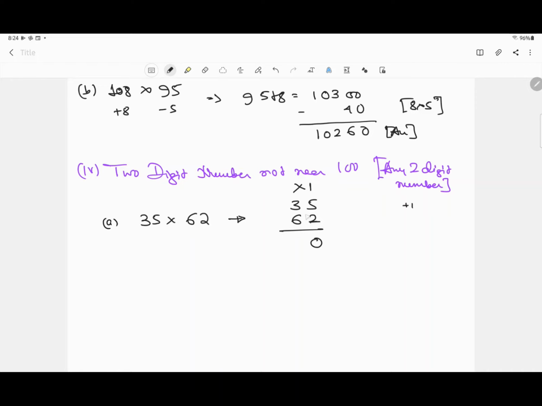So, it is 36 plus the carry which is 1. So, it is 37, we will put 7 and carry is 3. Now, again a vertical multiplication, that is 3 into 6, which will give us 18 plus carry 3, that is 21. So, the answer is 2170. So, it is vertical cross vertical.